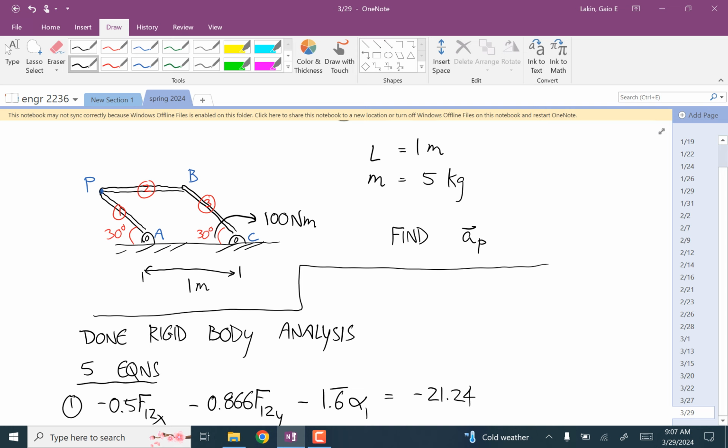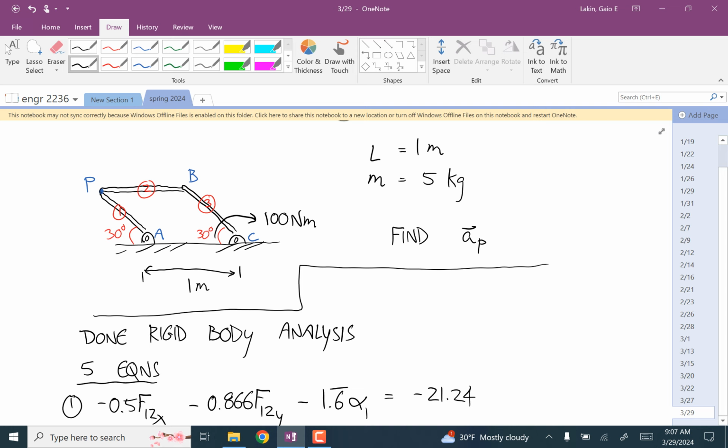We do need them at P and B. We need to say that these two members agree on the acceleration at that point, and these two members agree on the acceleration at that point. How many constraint equations do we get at here and here? Four, yep, X and Y components of acceleration. So if we have 5 equations, we're going to have 4 constraint equations.